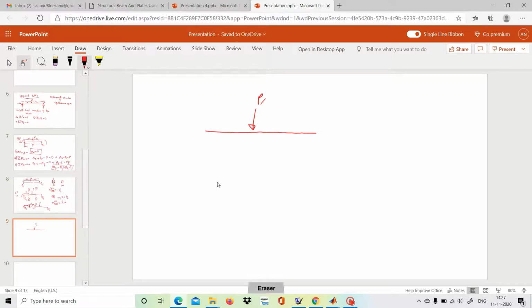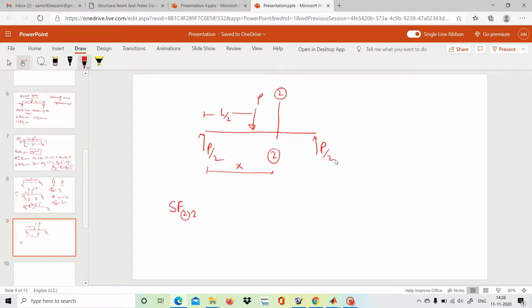Sorry, it is P here, and P by 2, P by 2 at the supports. For section 2 2, L by 2 from here, if we take x from here at this position, the shear force at section 2 2 would be the sum of all the transverse forces acting on the beam either left or right of the section.